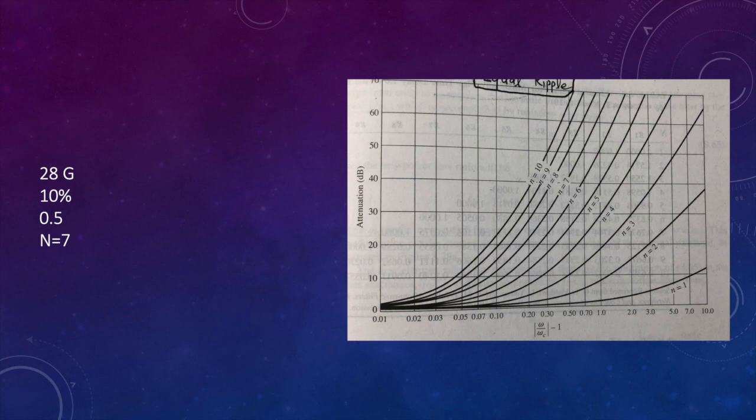The ripple is 0.5 dB, and we can Google the equal ripple filter prototype, and we can find some figures that look like this one. Since in our case the bandwidth is 10%, we find that if we want the attenuation to be at least 10 dB, this coupled line filter should have at least 7 stages.